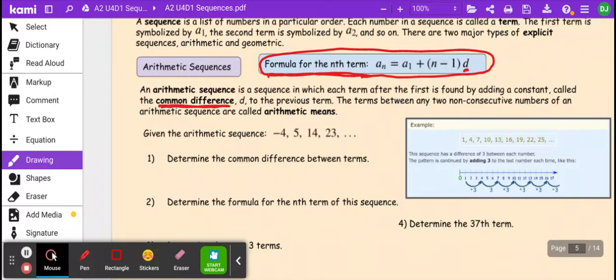But again, if there were decimals there, that would be a little bit more difficult. So to find the common difference, you can always reverse that process, remember, and take a term like 14 and subtract the previous term. And that'll always get you the common difference.